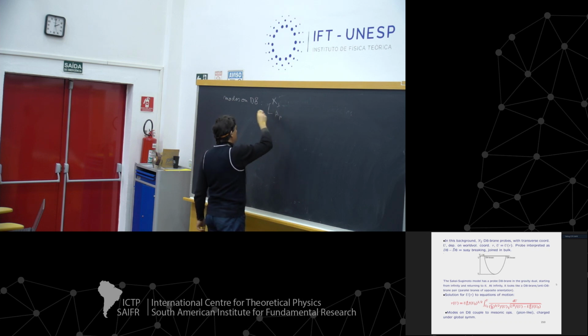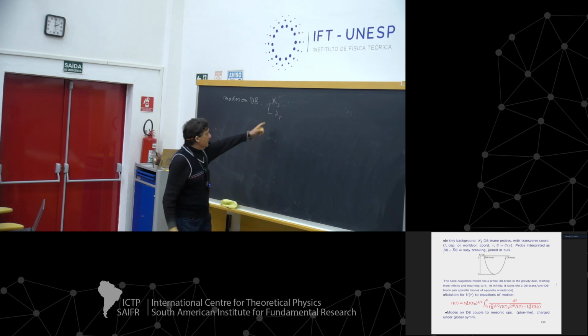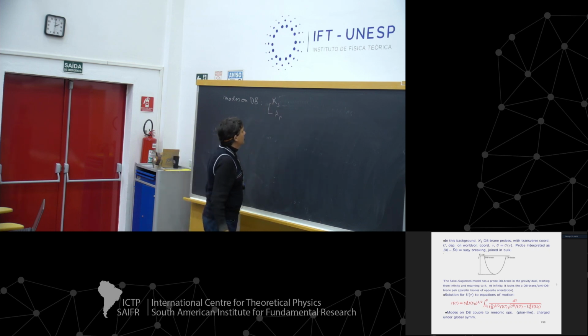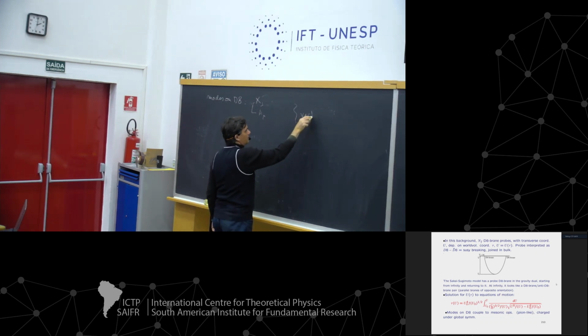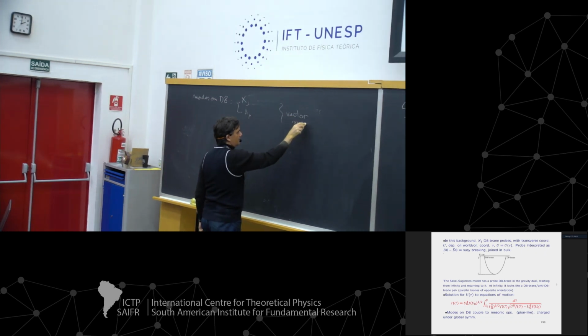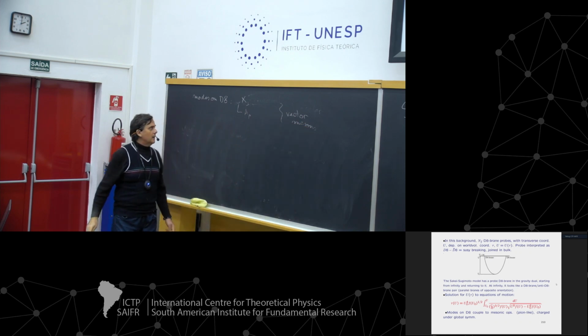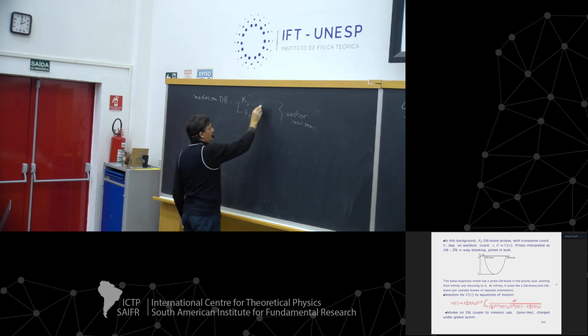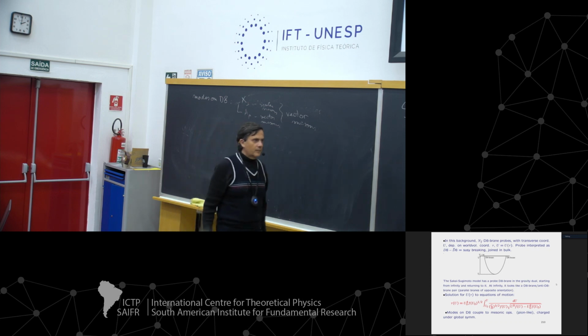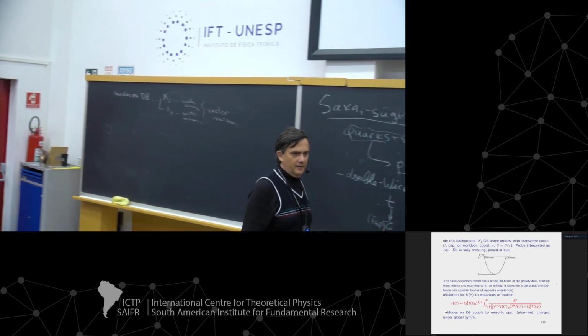There are gauge fields on all branes, so there's some gauge fields in here, and these correspond to vector mesons in the field theory. We described that. So this would be scalar mesons, and this would be vector mesons. Scalar mesons are something like the pions.